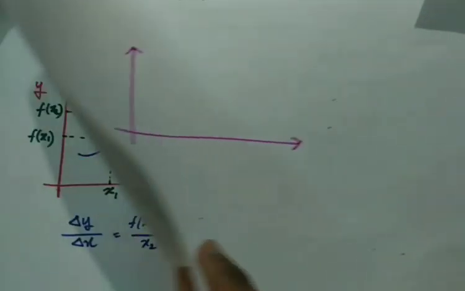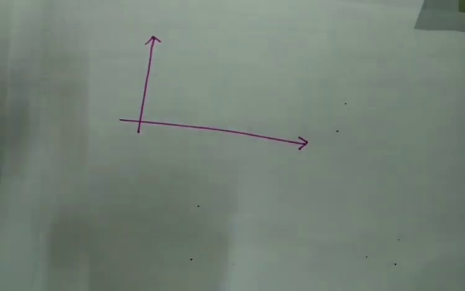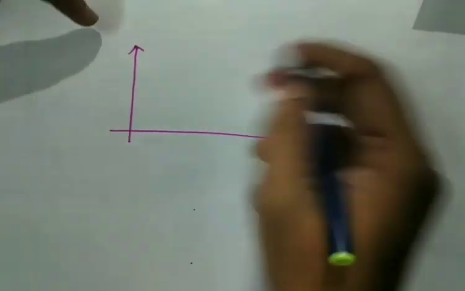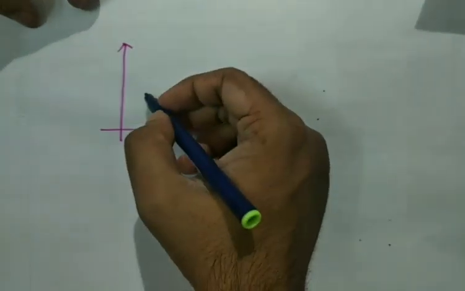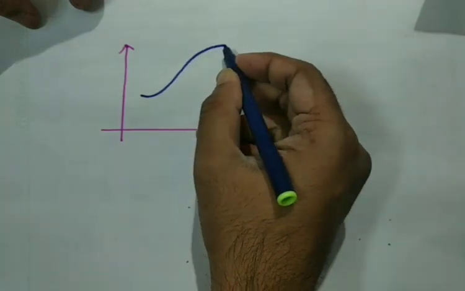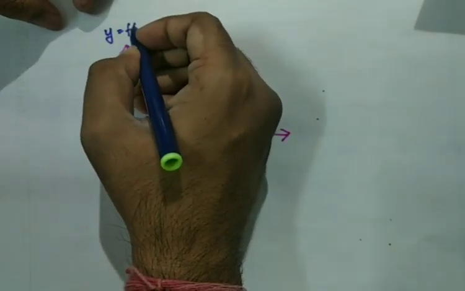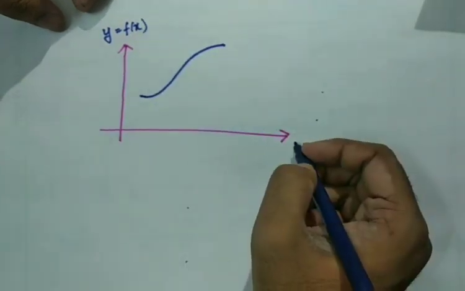Let's draw the same graph. It's almost the same. Y is equal to f of x and here it is x.